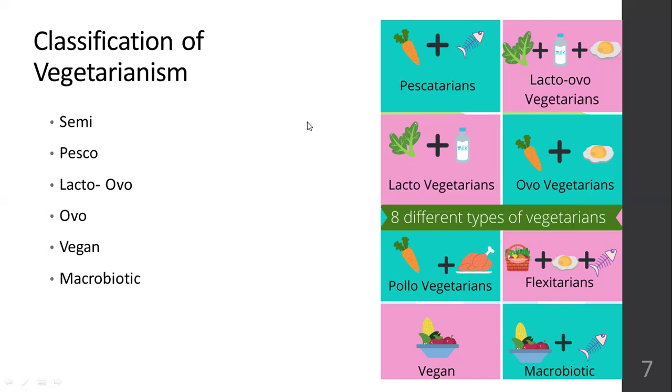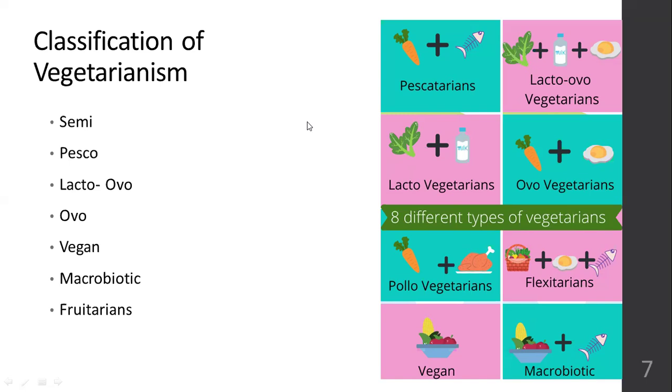In macrobiotics, they will have plant-based foods and fish as well, but they will usually not have much grain. Cereals or grains are not that much of a part of their diet. They will indulge more in vegetables, fruits, etc. They will limit their grains.